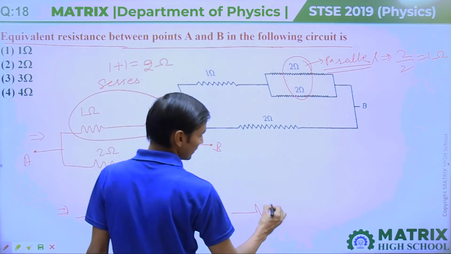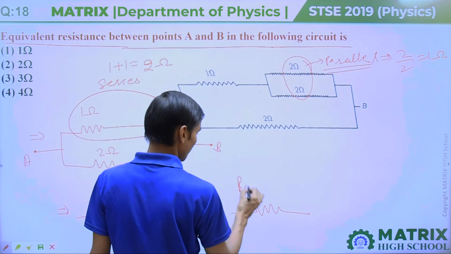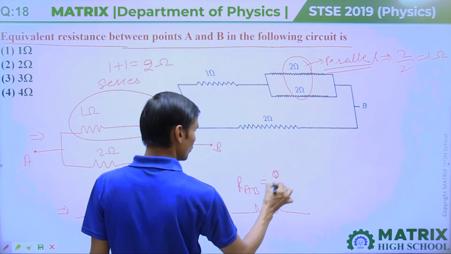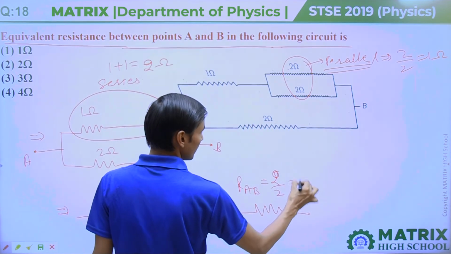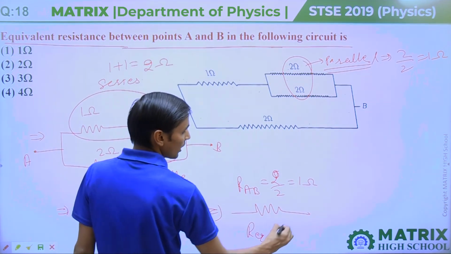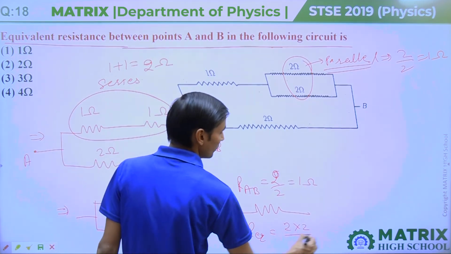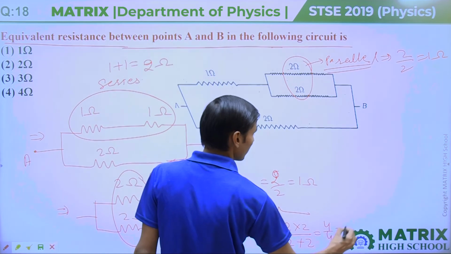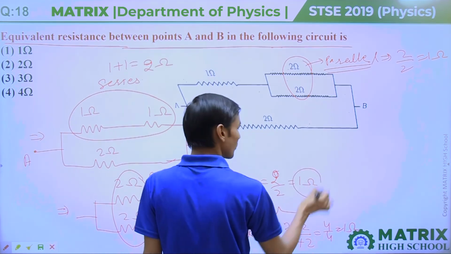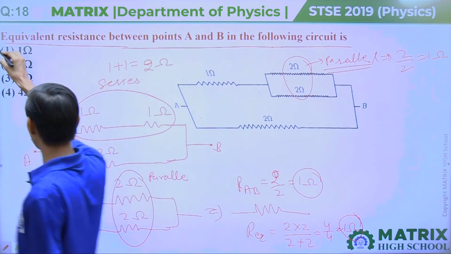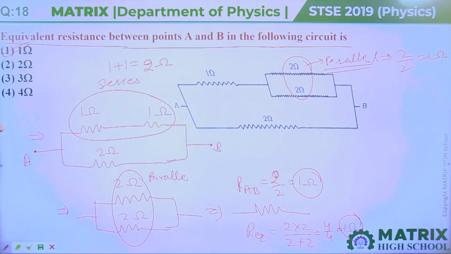So equivalent resistance will be RAB equal to 2 divided by 2, that is 1 ohm, or we can say that R equivalent equal to R1 R2 divided by R1 plus R2, that is 4 by 4, 1 ohm. So this is from direct and this is from formula, R equivalent will be 1 ohm. So your answer will be option first.